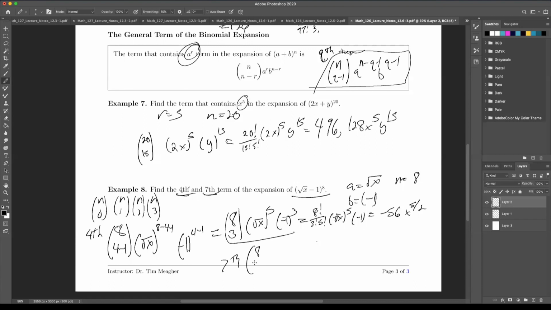So it'll be 8 choose 7 minus 1, square root x to the 8 minus 7 minus 1, times negative 1 to the 7 minus 1, which gives us 8 choose 6 of x to the second power, negative 1 to the sixth power, which gives us, and if we just crunch this through a calculator, you're going to get 28x, which is correct.